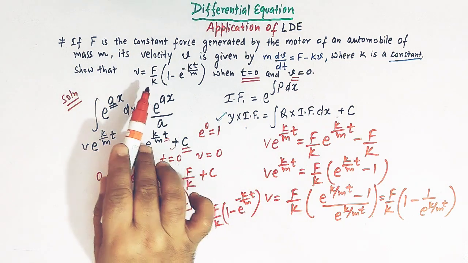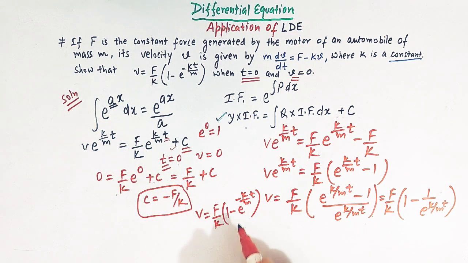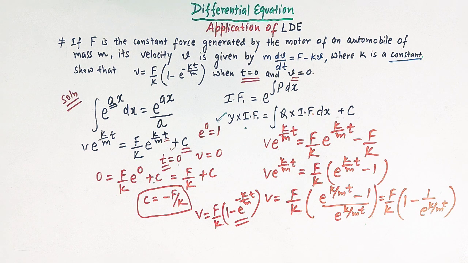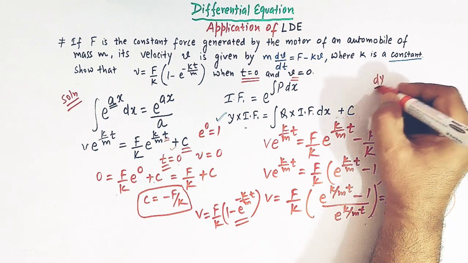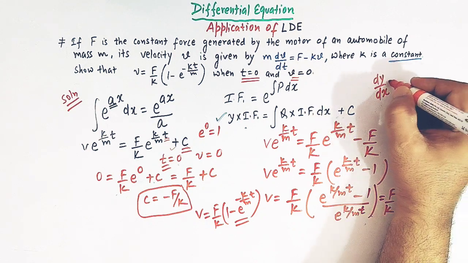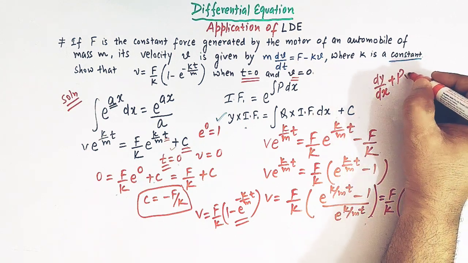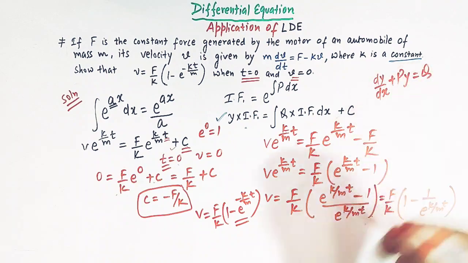So this is the required expression. So viewers, this is how we can solve these types of problems by making use of the linear differential equation of this type, that is dy over dx plus py is equal to q.